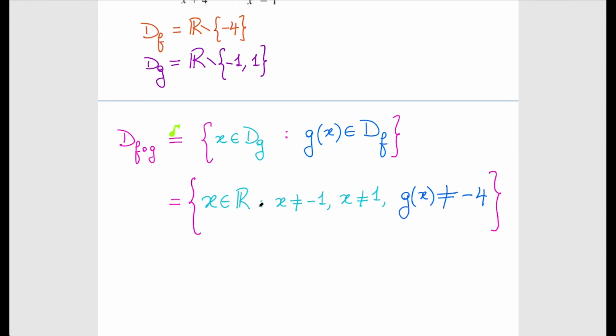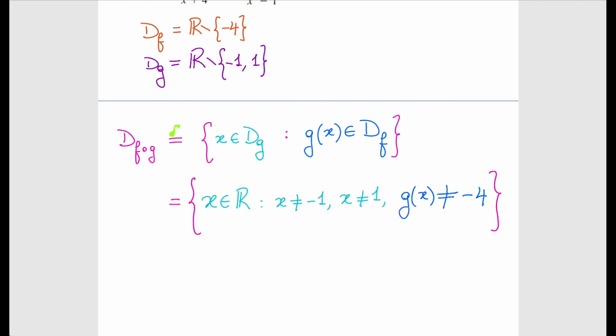For that other blue color, g of x is in the domain of f, and the domain of f contains all real numbers that are not negative 4. So for g of x to be in the domain of f, it's already a real number, so I need it not to be negative 4. Okay, so I'm down to this.